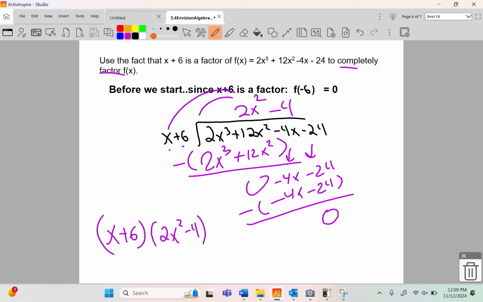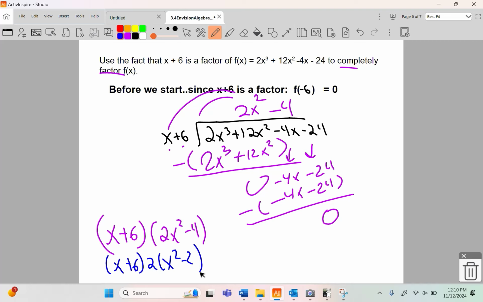Is there still a little more factoring you can do? 2x squared minus 4, what do they have in common? They have 2 in common. You can pull that 2 out. So you'll have x plus 6 times 2 times x squared minus 2.